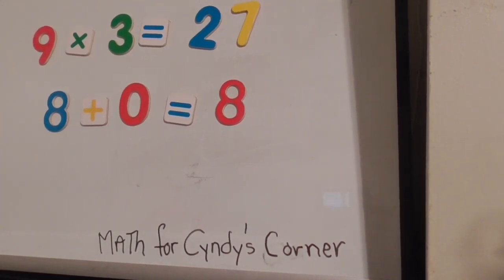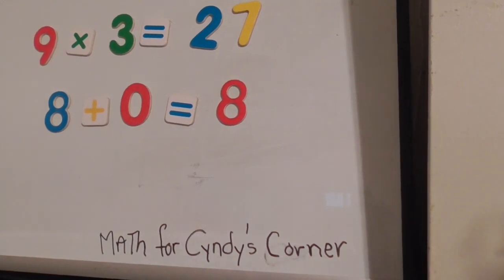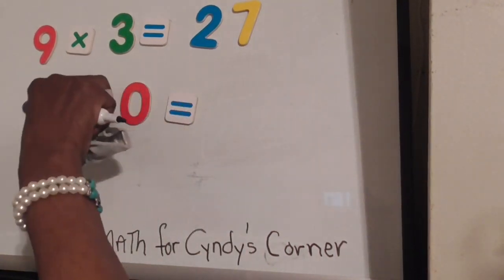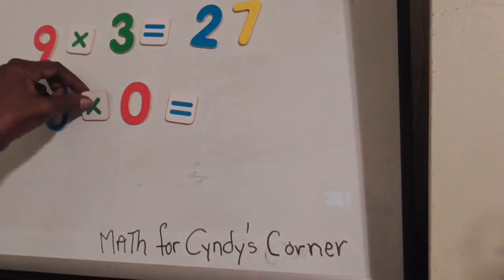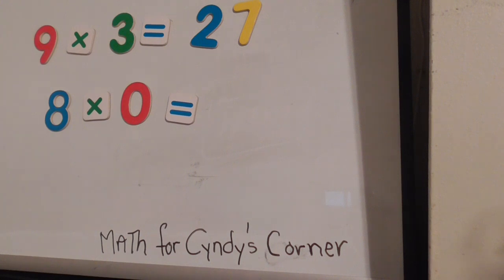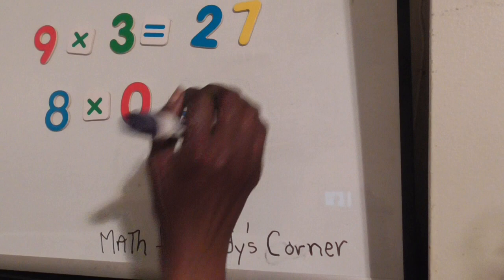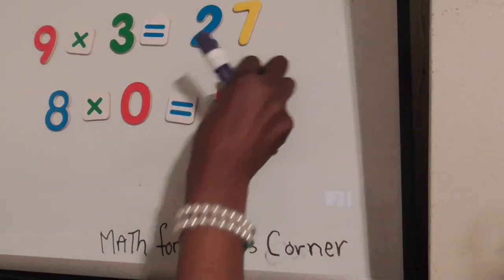The difference with multiplication is we're saying 8 times 0. If we had nothing and we multiply nothing 8 times, we're going to come up with nothing.